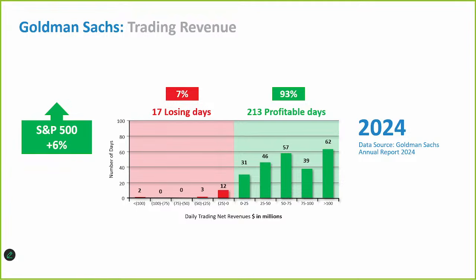And why this is important is because not only do the institutions control 80% of the market liquidity, but let's round this number down. Let's not say that they do this every year, because they don't. This is even a high water mark for Goldman. But let's say they control 80% of the liquidity, and on average institutions have 80% of their days as profitable trading days.